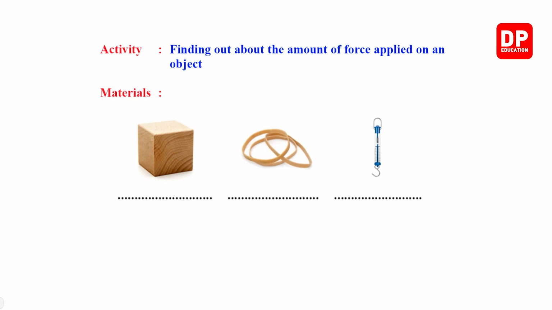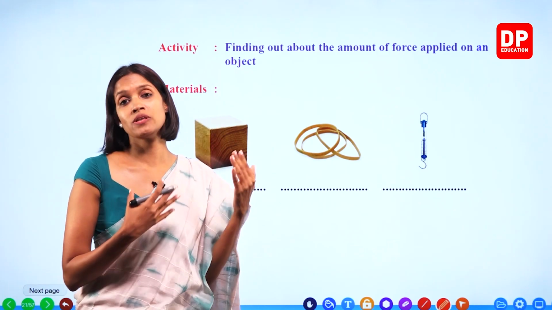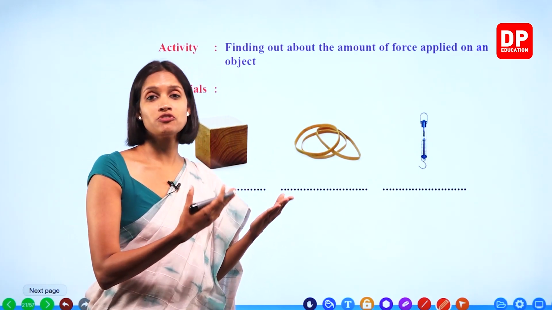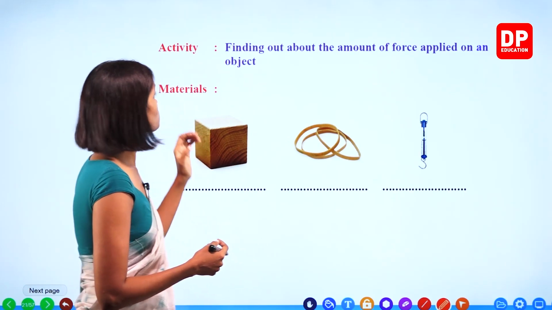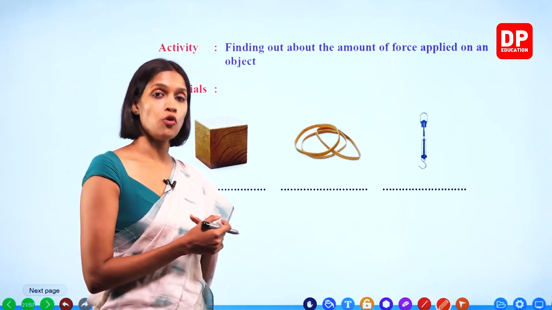We are going to understand whether we need to apply more force or less force. When the work done is different, the force applied is also different. This is what we are going to prove by this activity.